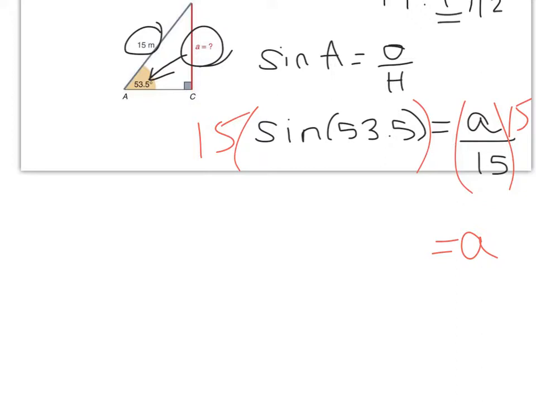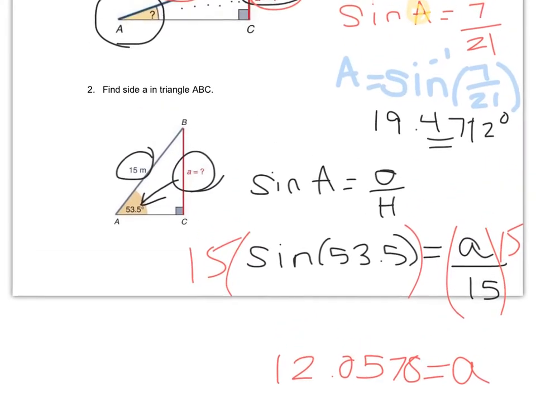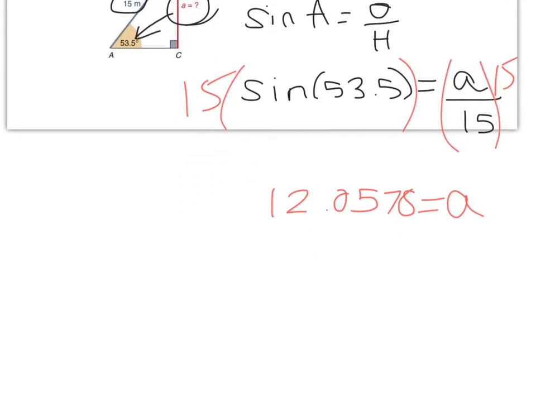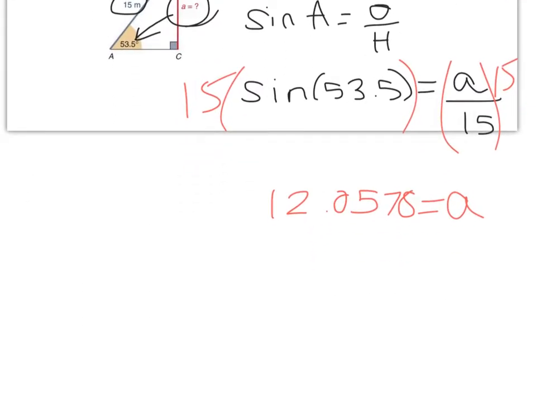And you can type it in your calculator just like that, and you will get an answer of 12.0578. You will need to pay attention to the directions and how far they want you to round. It didn't say in this case, so let's just pretend that they said to round to the nearest hundredth. If that was the case, we would round to 12.06.